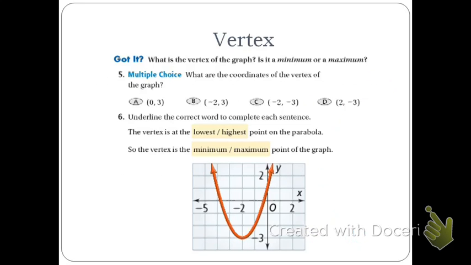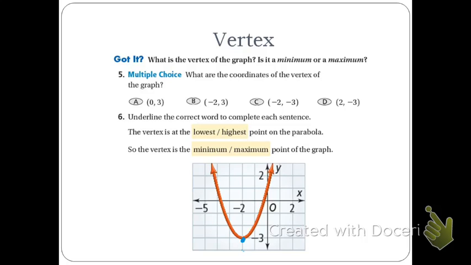Remember that a vertex is a point. So in question number 5, what are the coordinates of the vertex of the graph? Well, look, this parabola is pointing upwards, so the minimum point would be the vertex, the turning point. Let's see if it'll let me mark here.